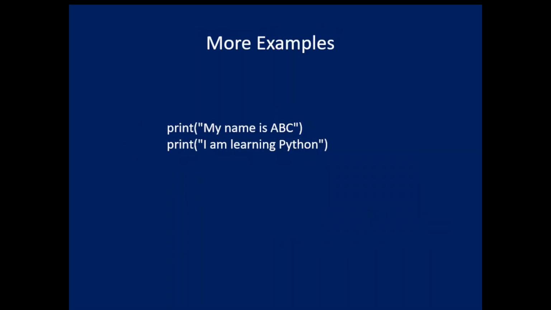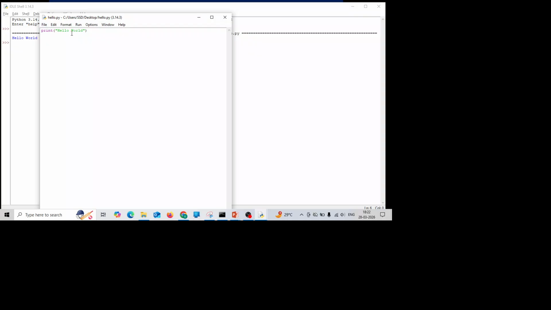Now we can also try something more. I can try to print some name and these two sentences. Let me go and update the same file. This is my file. I will write print, my name is ABC.